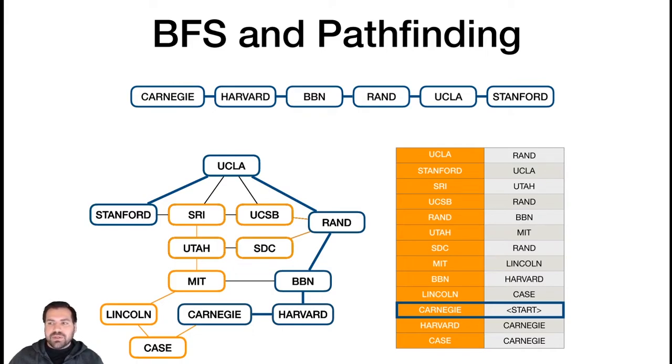That's one of the beauties of BFS. It's why we're using BFS instead of DFS right now, because we can get this shortest path information out of just the natural run of BFS. We keep track of this information, and we can extract that nice information out of a BFS run.